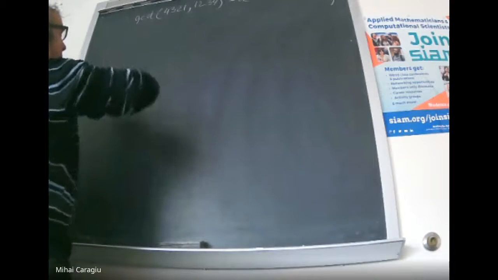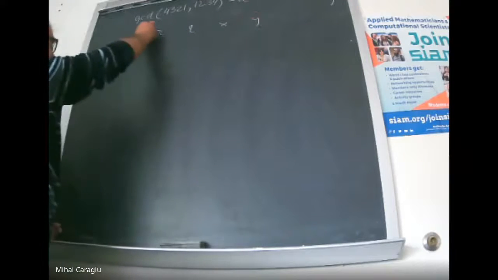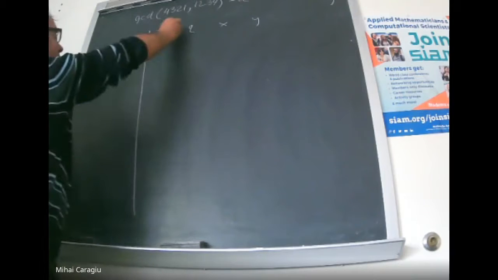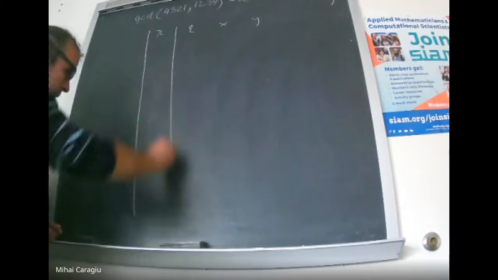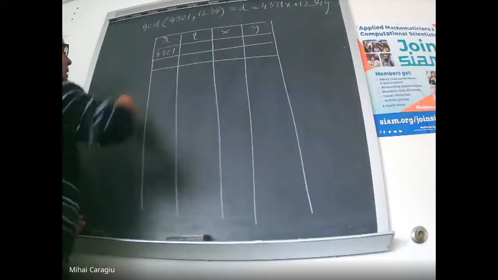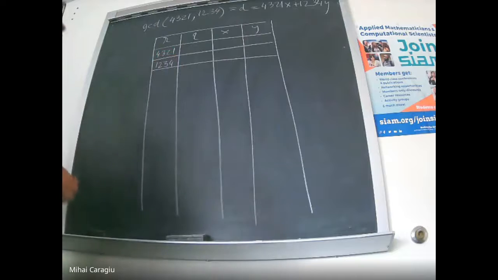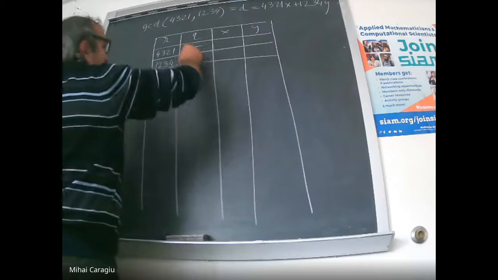So the table will be remainder, quotient, x and y. The first two rows are just data entry. The big number is 4,321. The small number is 1,234. We didn't do any division yet, so nothing here.